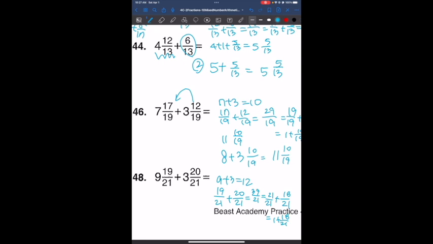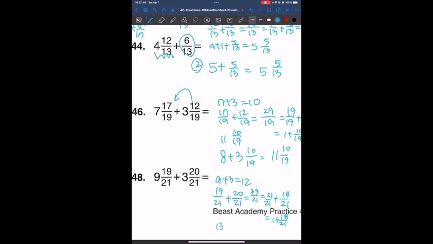So combined with the 12 that we found with the whole numbers, the answer would be 13 and 18 over 21. So simplified, it would be 13 and 9 over 7. Well, 13 and 6 over 7, sorry.